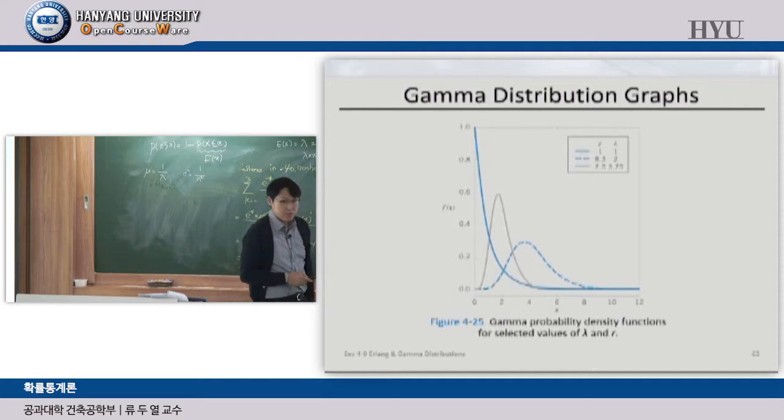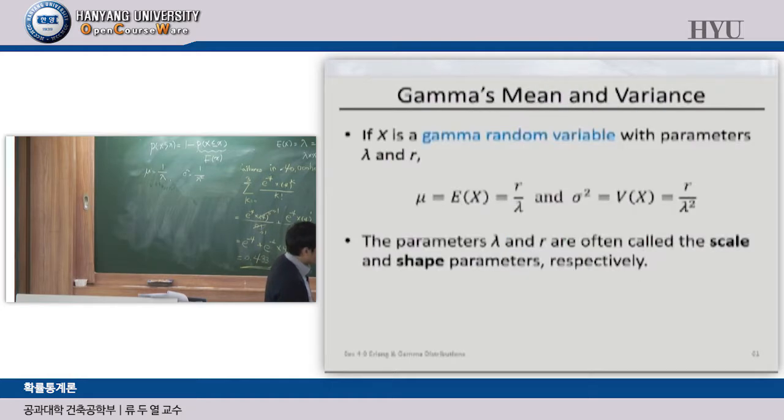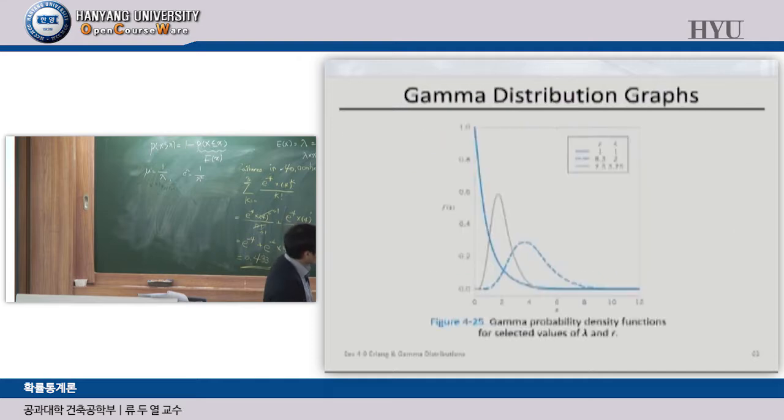And these are the gamma distribution graphs. The x-axis indicates the random variable, and the y-axis indicates the probability density function. And what was the lambda? Lambda was the scale parameter, right?